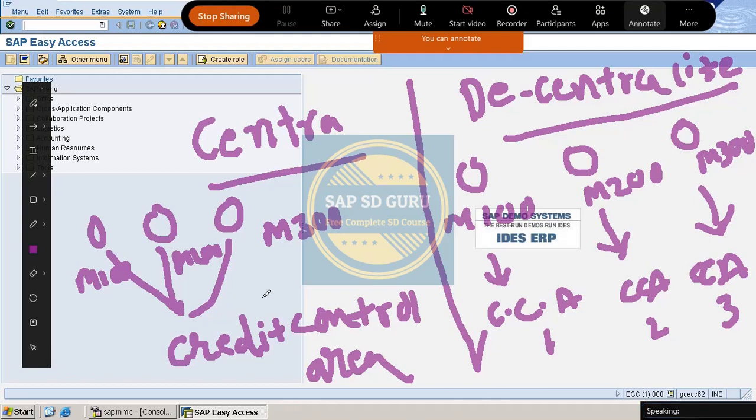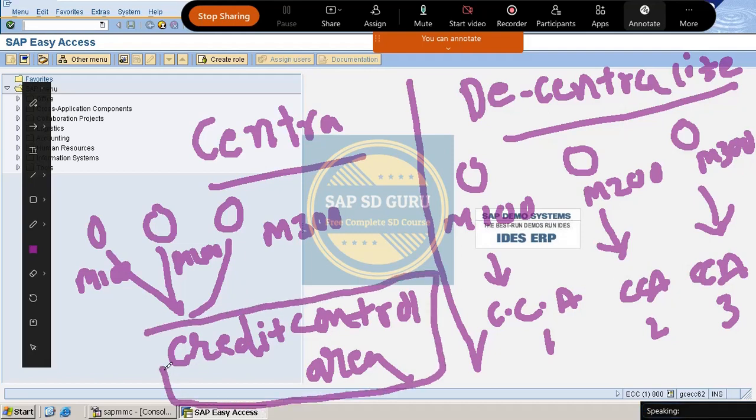If multiple company codes are having a single credit control area, then we call it the centralized credit process. What it means is, if multiple company codes are having a single credit control area, then it is called centralized credit control area.